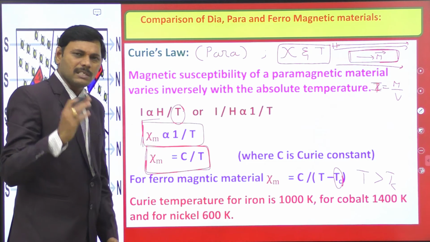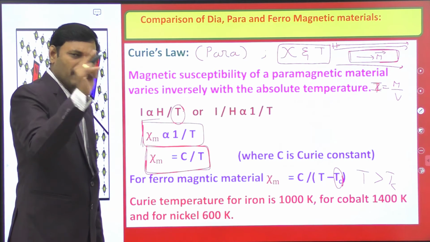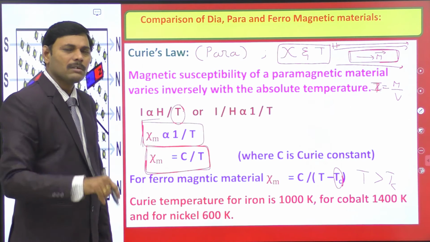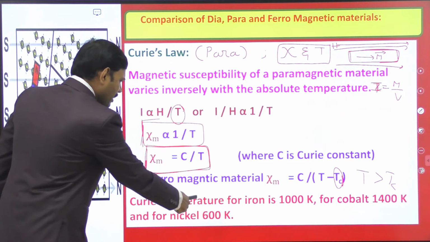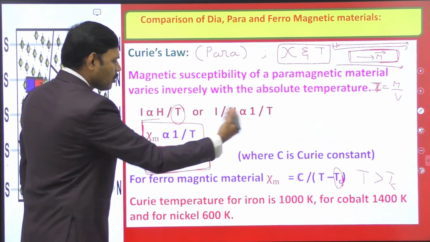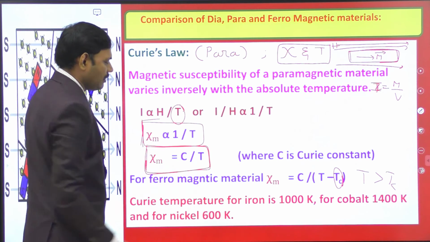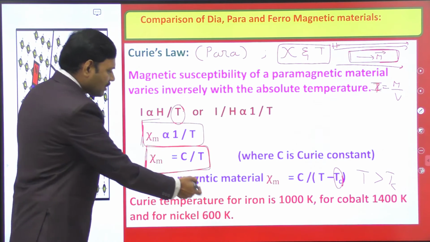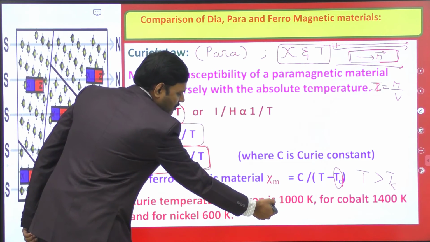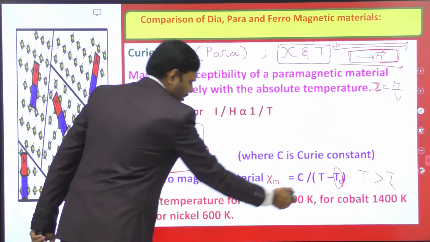The Curie temperature is not constant for all ferromagnetic materials. It changes from material to material. Each ferromagnetic material has its own Curie temperature. For iron it is around 1000 Kelvin, for cobalt around 1400 Kelvin, and for nickel it is 600 Kelvin. At 1000 Kelvin iron changes from ferromagnetic to paramagnetic, but that is too high a temperature.